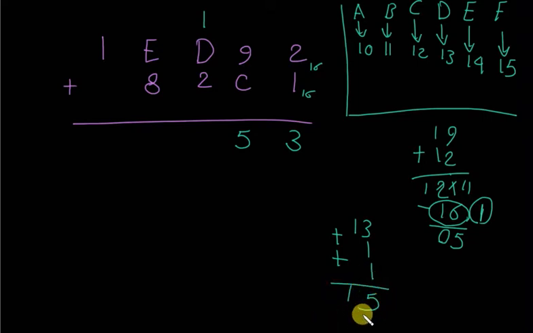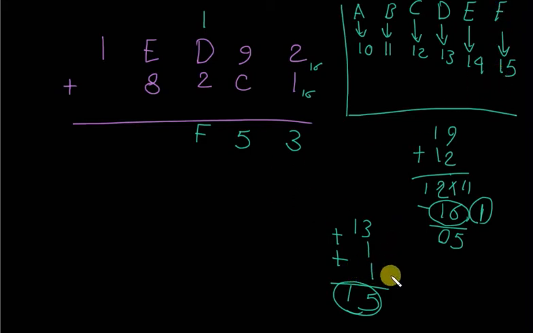Since it is less than 16, it has to be only one digit. So 15 is equal to F. That means we have an F here. Another way of counting this is just to know you have to go 3 places forward from D. So that means you have D, and then you have E, and then you have F.